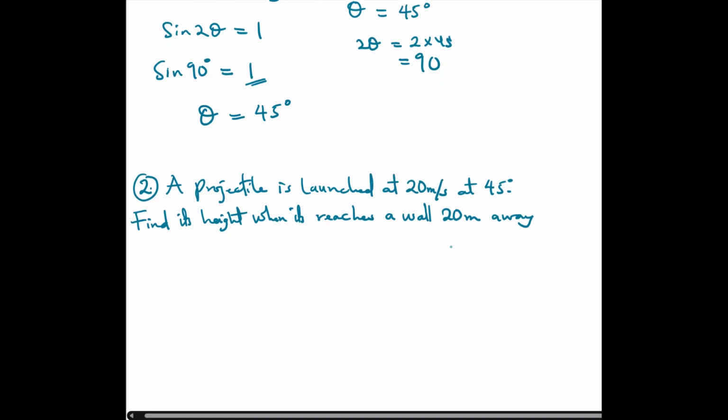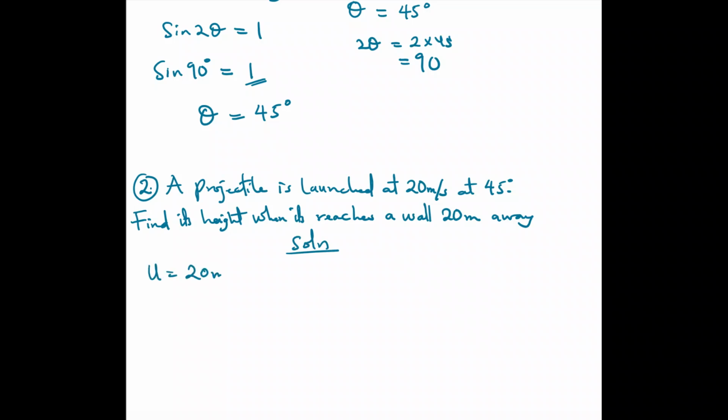So the next question says a projectile is launched at 20 meters per second at 45 degrees. We have to find its height when it reaches a wall 20 meters away. So we are looking for the vertical motion of the projectile, but what we are given is velocity to be 20 meters per second.